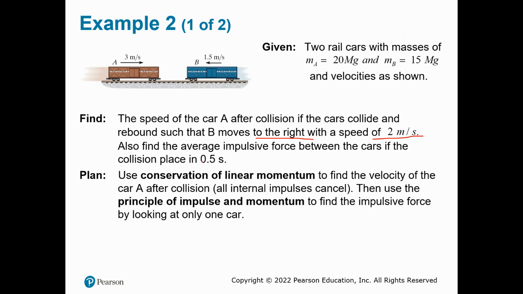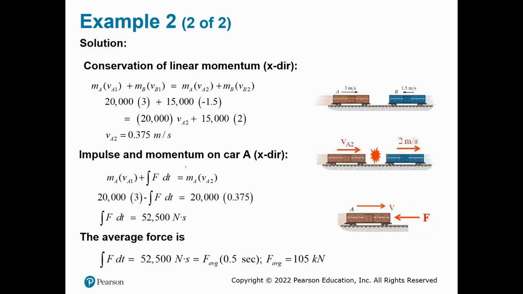Okay, so initially you have negative velocity, meaning I'm going to the left. We're looking for the impulse force between the cars if the collision takes place in 0.5 seconds. So, initial linear momentum: I have initial linear momentum for A, initial linear momentum for B. That will equal the final linear momentum. I don't know how fast the velocity for A will be, but we can calculate it.